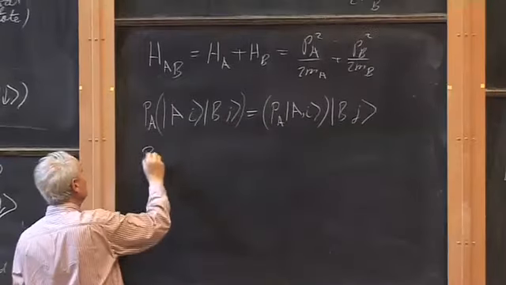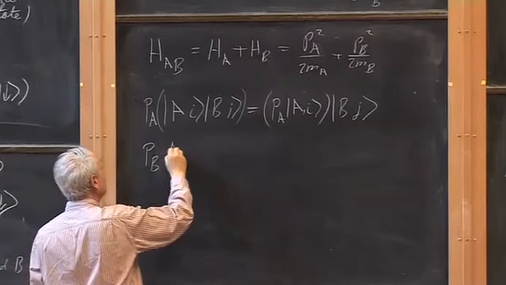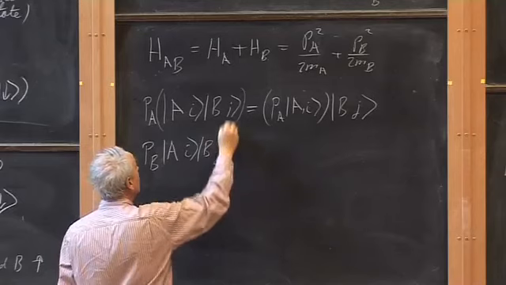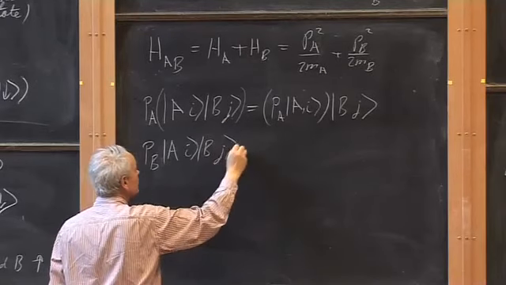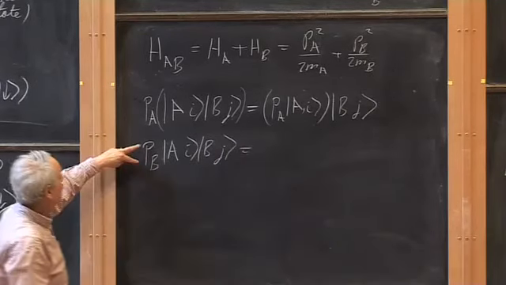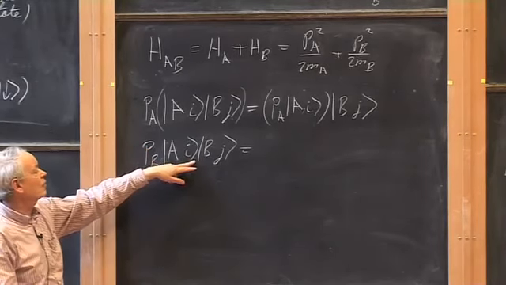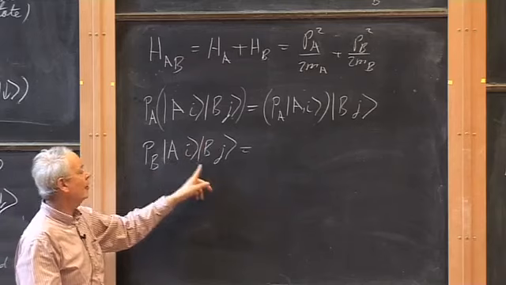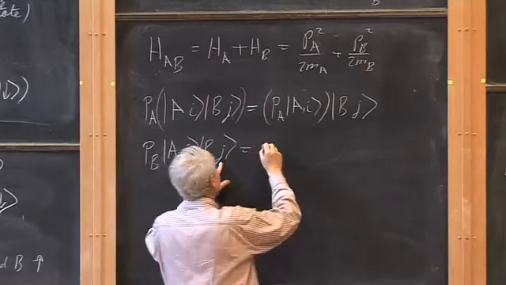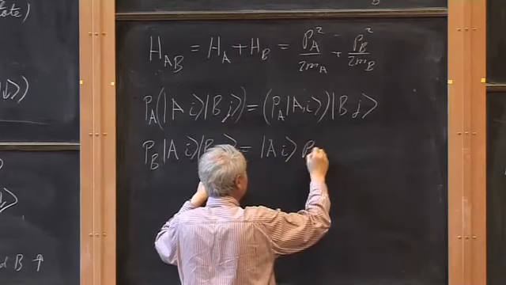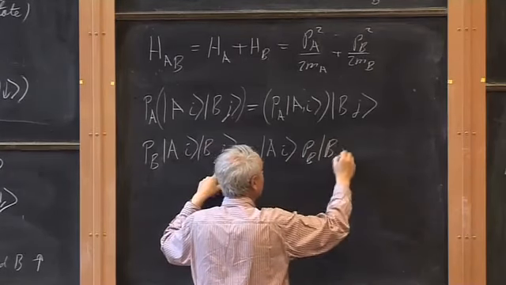If PB works on this thing, PB ignores this. It passes through this as if PB was just an ordinary complex number and homes in on this, its target. So this is simply |A_i> times PB|B_j>.